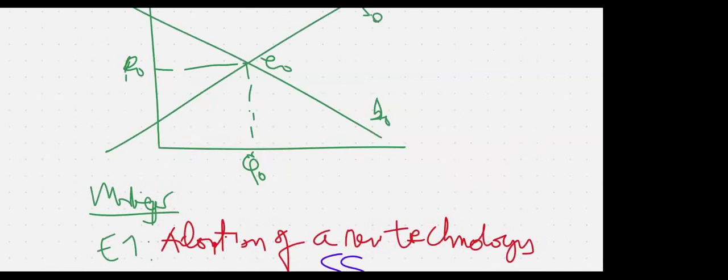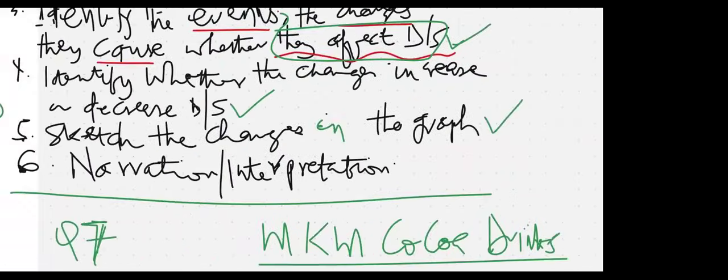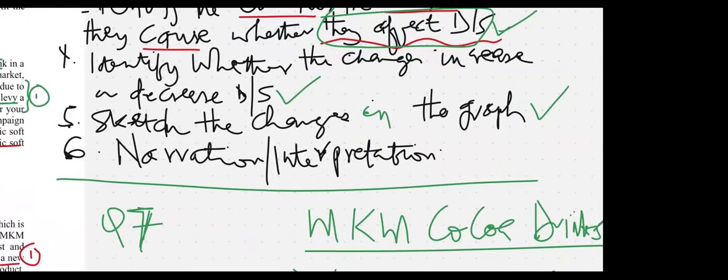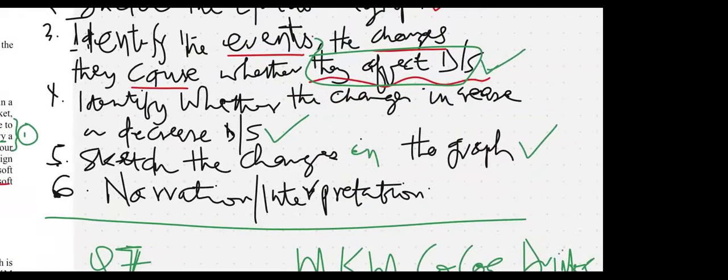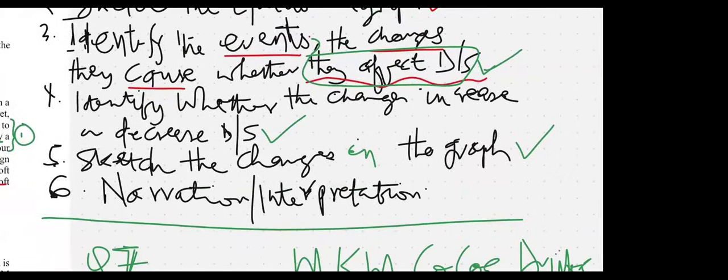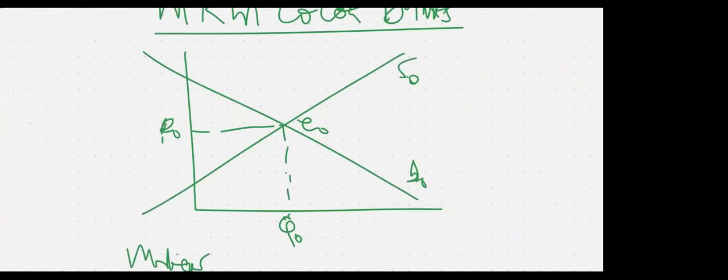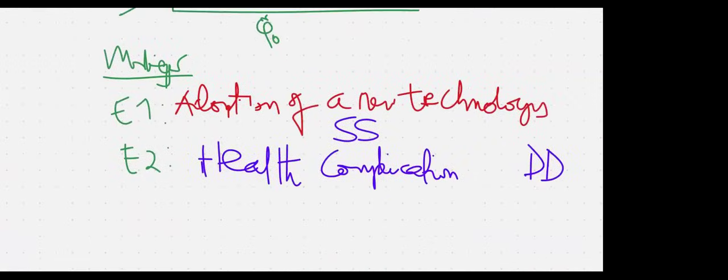Now let's go back to Step 4. Identify whether the changes increase or decrease demand or supply. So the first event, will it increase or decrease supply? We've identified the supply. So if there's an adoption of a new technology, it will cause the business to produce more of the cocoa drinks at a lower cost.